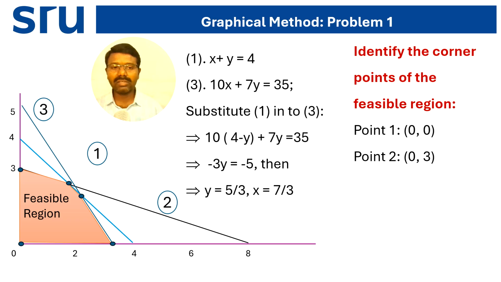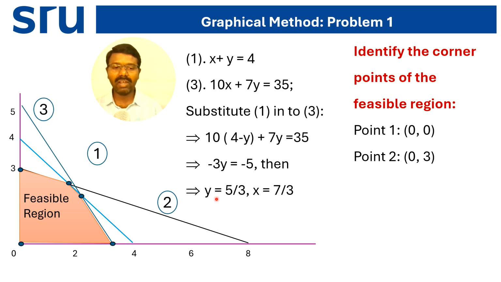So here now let me take these two equations, that is the first equation, and the third equation is 10x plus 7y is equal to 35. Now again I will substitute the y value in equation 3, that is 10 into 4 minus y plus 7y is equal to 35. So here minus 10y plus 7y becomes minus 3y, and this 40 goes to that side, it becomes minus 5.